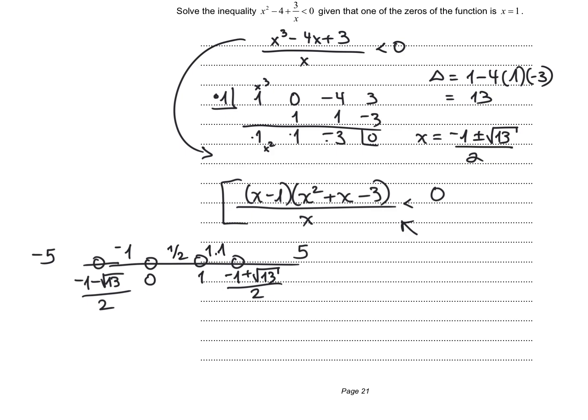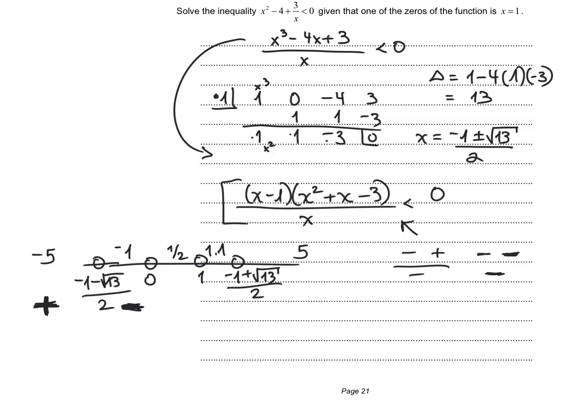So for negative 5, we're going to have a negative times 5, so positive over a negative. So this is going to be a positive here. If we do negative 1, we're going to have a negative over a negative. So that's going to be a negative in here.